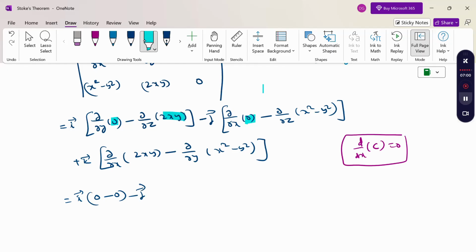For this term, z is the only variable, therefore 0 minus 0 plus k vector, differentiating partially with respect to x, here the variable x, y, and the derivative of x y.